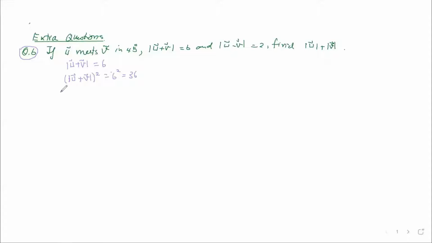After this, when you expand, we're going to have the distance of vector u power 2 plus 2 vector u times vector v plus the distance of vector v, the whole thing power 2, equal to 36.